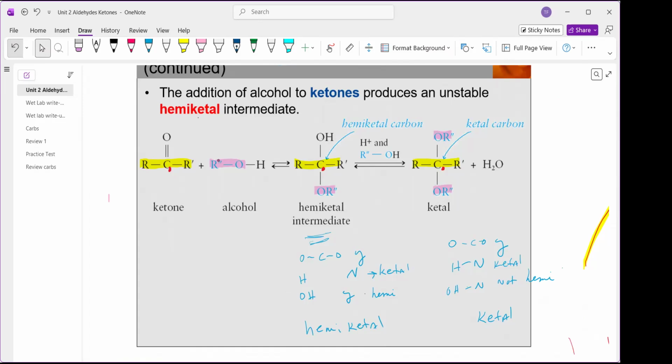Now, both of these, again, have OCO. Now, I'm going to give you a test. You can test these. Is this an acetal or a ketal? It's a three-step process. I'm going to use it a whole bunch.